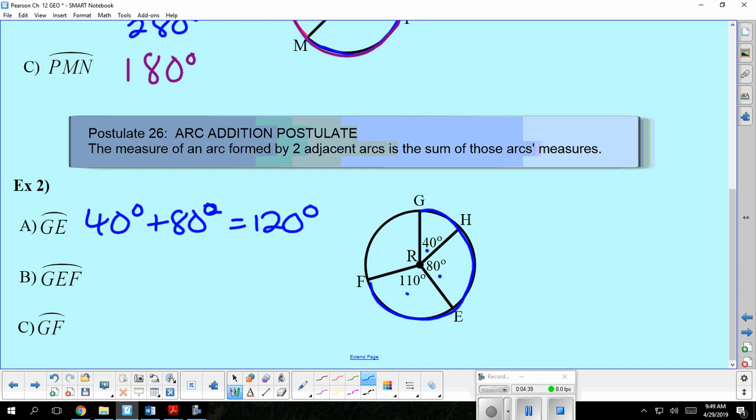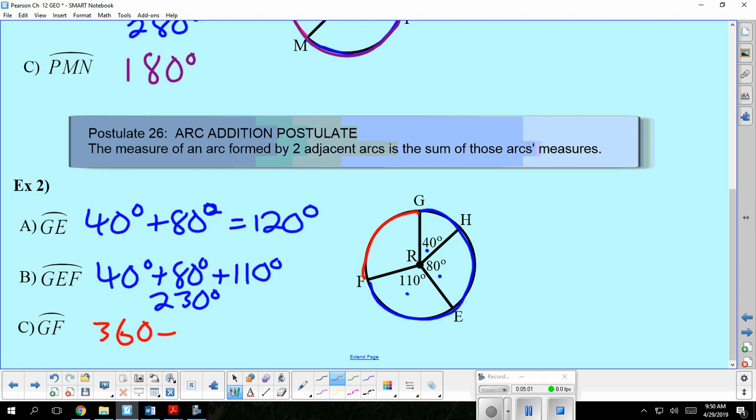So 40 plus 80 plus 30, 110 degrees. Actually, I get 230 degrees. And then for GF, I want to solve for this minor arc. I can take 360 and subtract that 230 from above, I get 130 degrees. Questions on that so far?